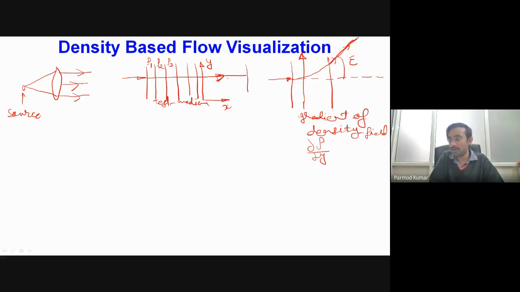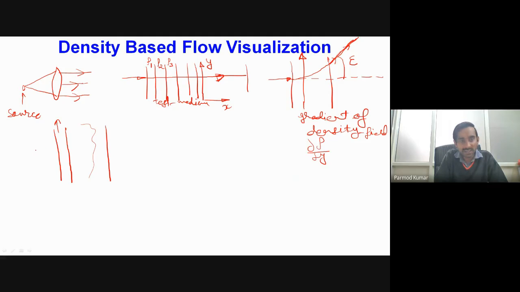So now we can consider one situation where in my test section I have, say, the gradient of density only in this particular zone, and after that I also have a sufficient amount of fluid medium inside this test section, but in this particular zone I don't have any gradient of density.